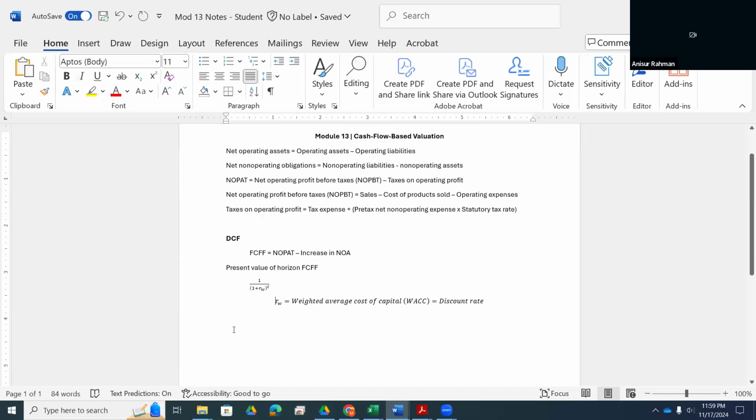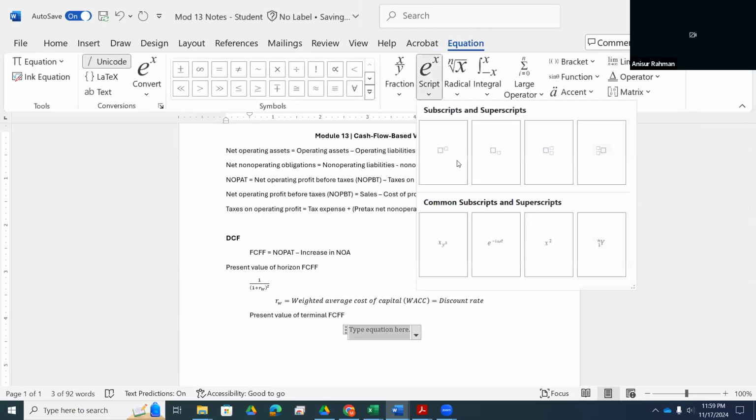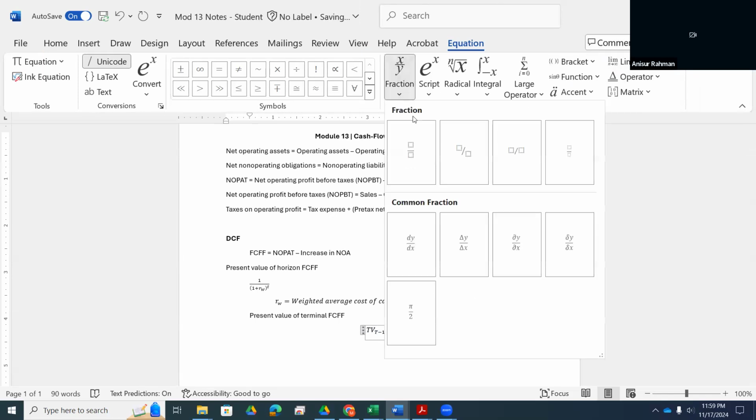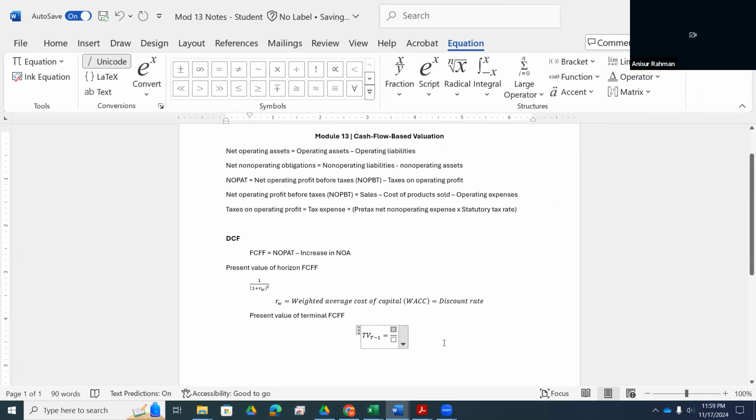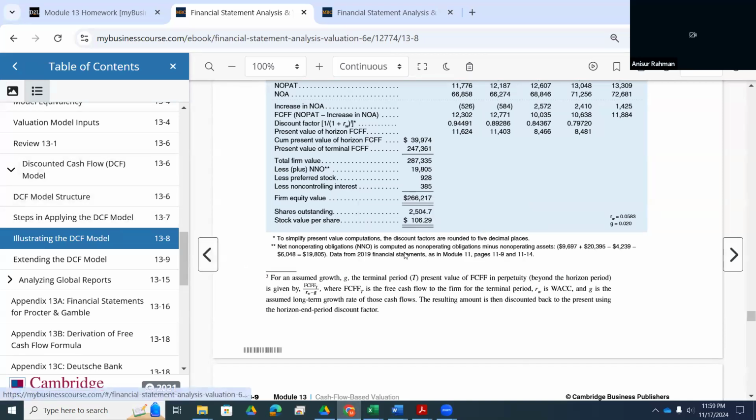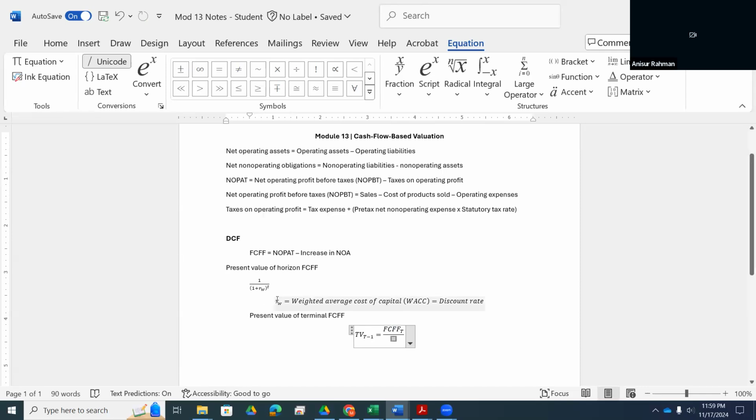So what we have to do, the terminal value of T minus 1 will be our free cash flow to the firm of T divided by our RW, which is the discount rate, minus G. And what is G?